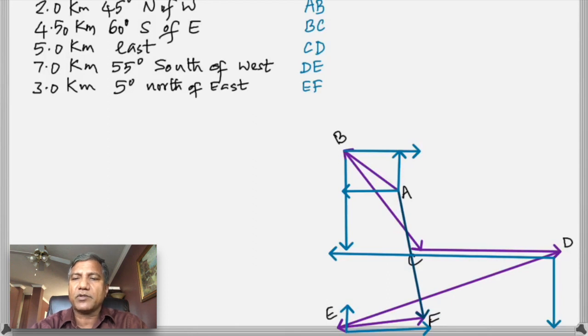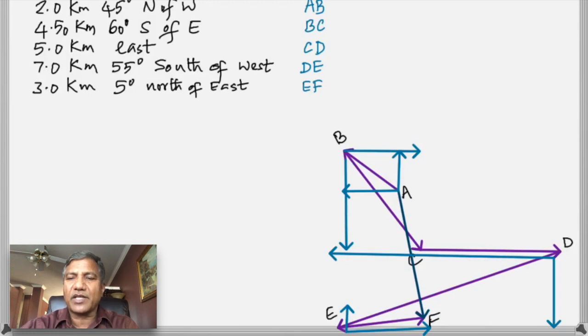Now we've got to find the components. How do you find the components? You've got to know that the angles are given here. For example, 45 degrees is this angle north of west. So we know this is going to be 2 cosine 45. This is 2 sine 45. And whatever you take the angle with becomes the cosine.